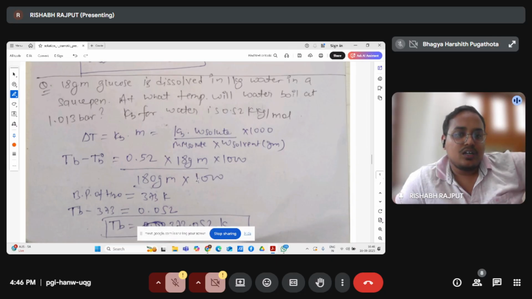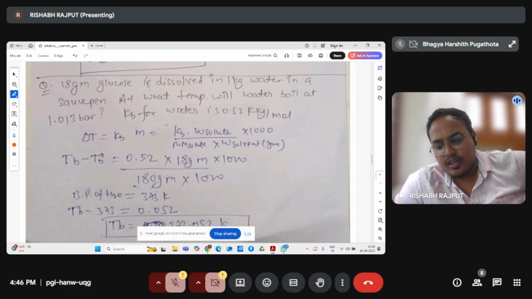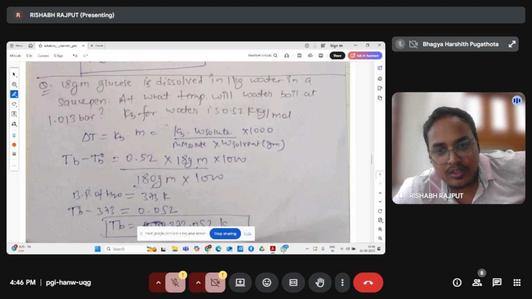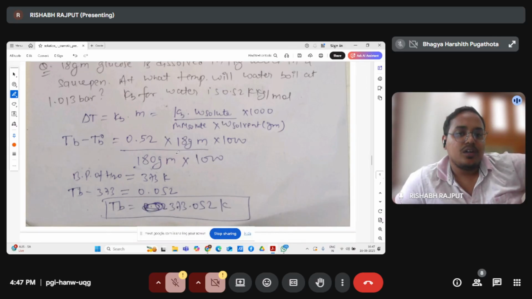If you take 1 kg or gram, it is the same thing, no problem. If you take it in grams, you multiply by 1000. Dividing by 180, you will get 0.052 here.